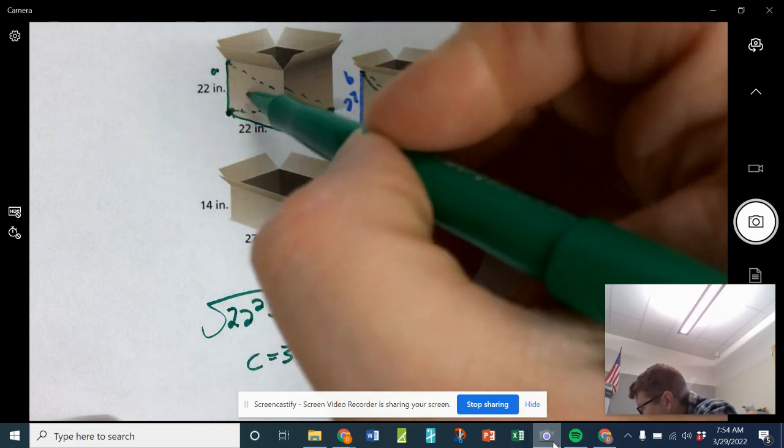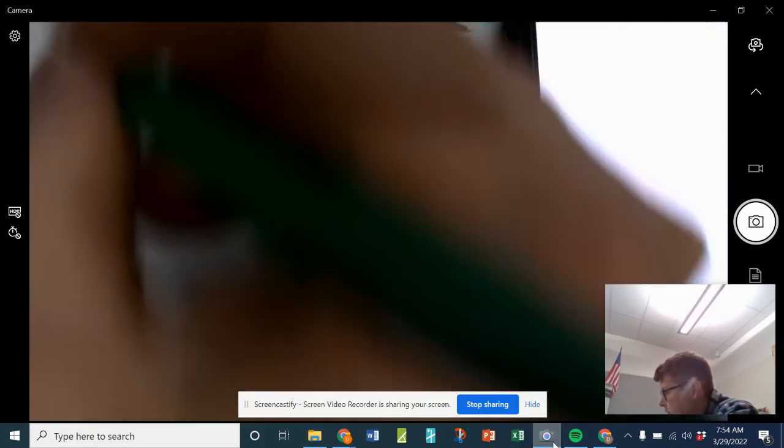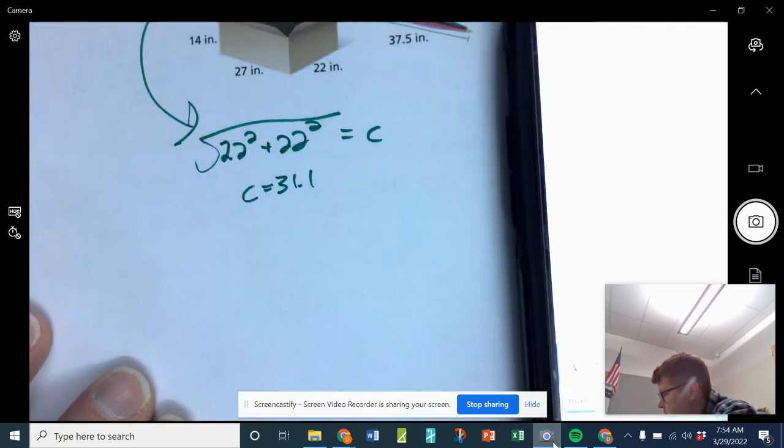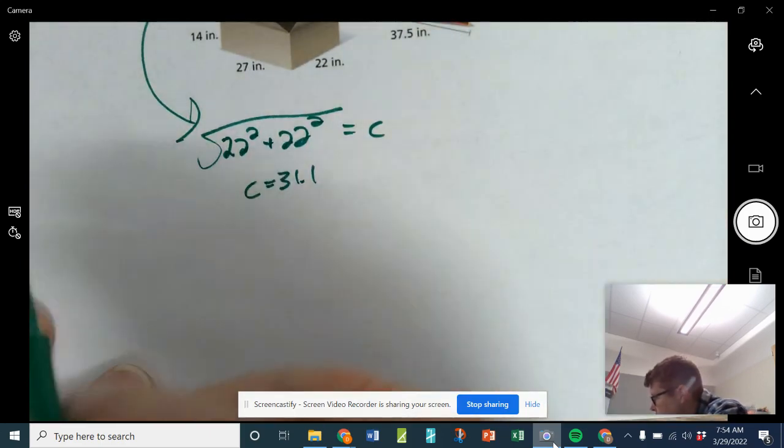This is our A, that'll be our B. I'll put it in one line: the square root of 22 squared plus 31.1 squared gives us 38.1 for that one.